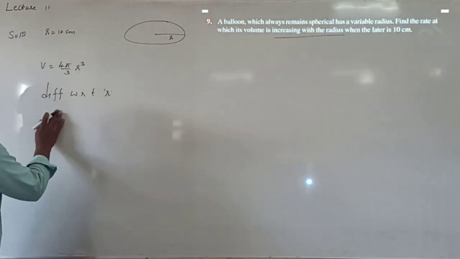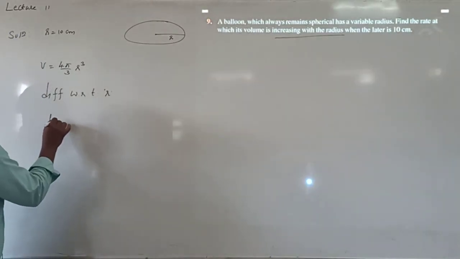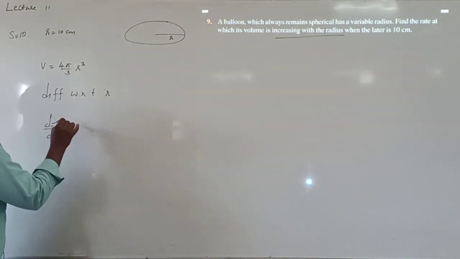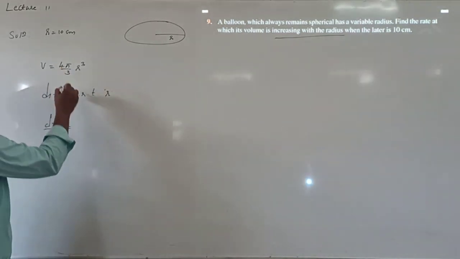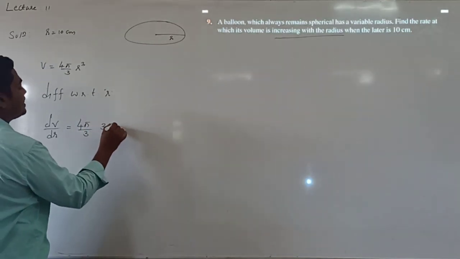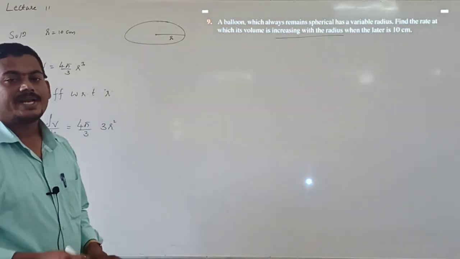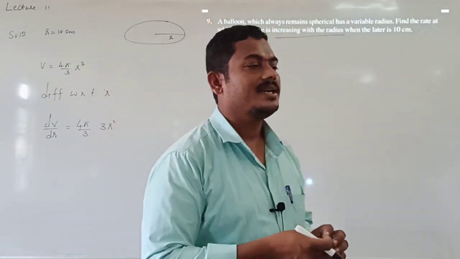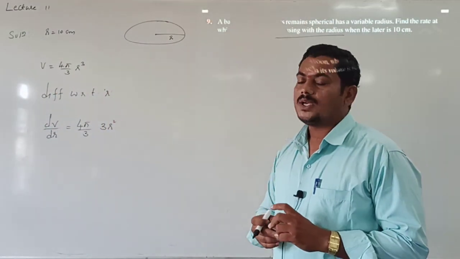So dV by dr is equal to 4 pi by 3, a constant, into 3r square only. Don't write into dr by dt. If you are differentiating with respect to t, then write into dr by dt.